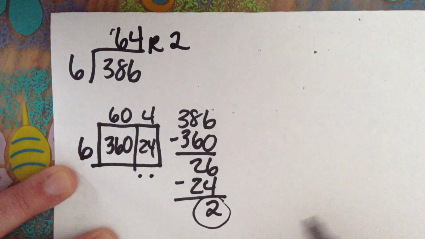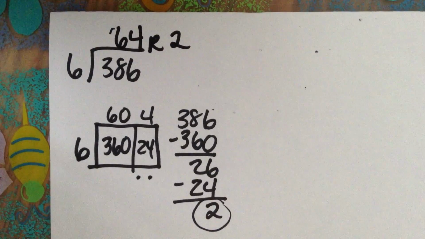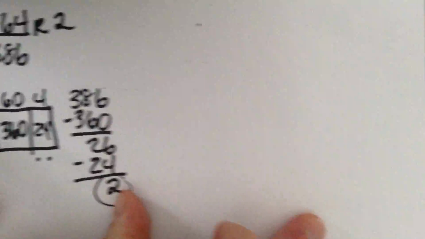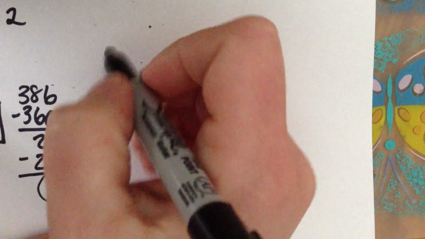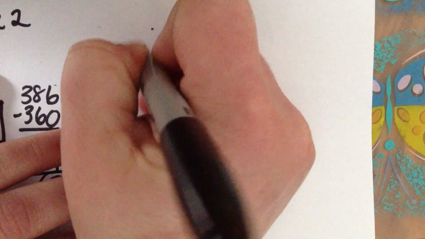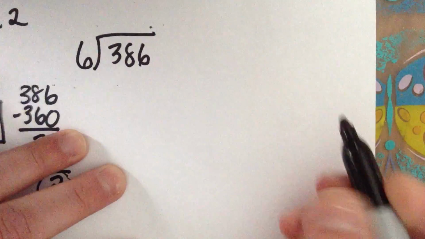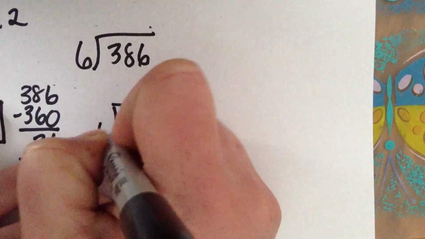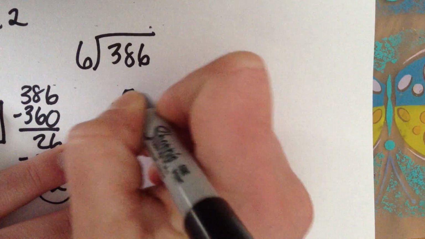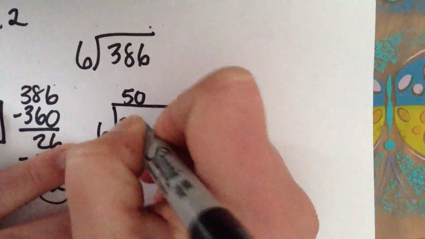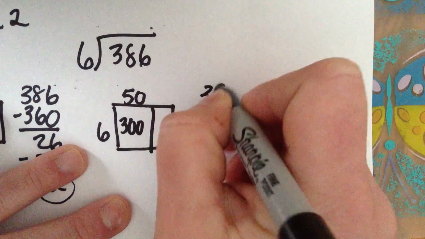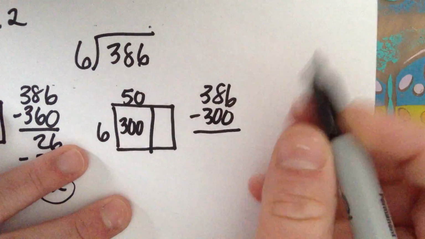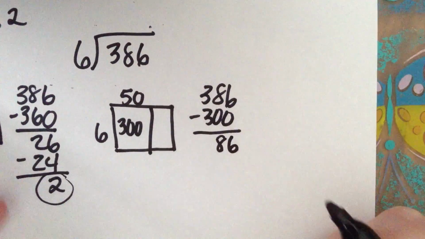Now, if the kids don't know their basic facts as efficiently, they might do this. If I've got 386 divided by 6, they most likely know that 6 times 5 is 30. So they know that 6 times 50 is 300. So you've got your 386 still, but now you're only taking away 300 because you did 6 times 50. And there's 86 remaining.